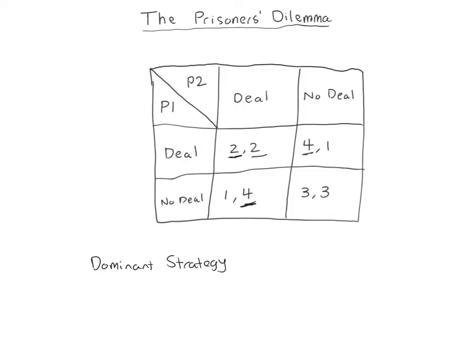So now that we've underlined all of our best responses, we can see another term that's really important. We call any situation where everyone is playing a best response, and since best responses are underlined, that really means any situation where all the numbers are underlined, like in this box right here, a Nash Equilibrium.